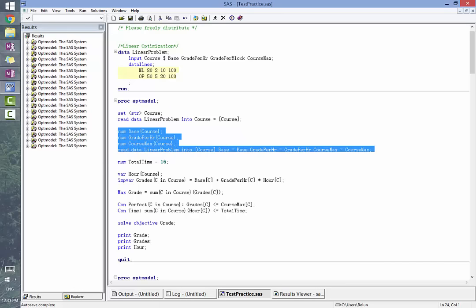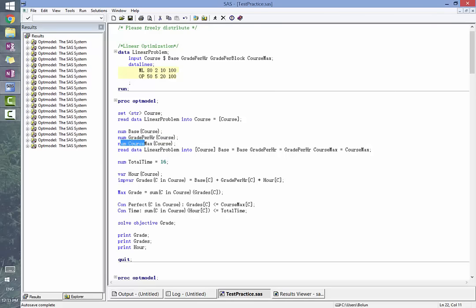Next section then is our inputs. We're creating 3 inputs here: the base, indexed by course, the grades per hour, indexed by course, and the maximum grades, indexed by course. We can combine this in one single line of input in SAS. So again, we read the linear problem data, and this is the syntax. Indexed on course, which corresponds here, and here, we're going to store the value in column base in our numeric variable base.